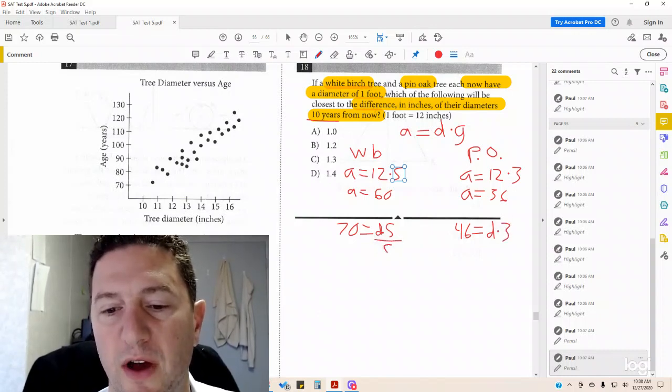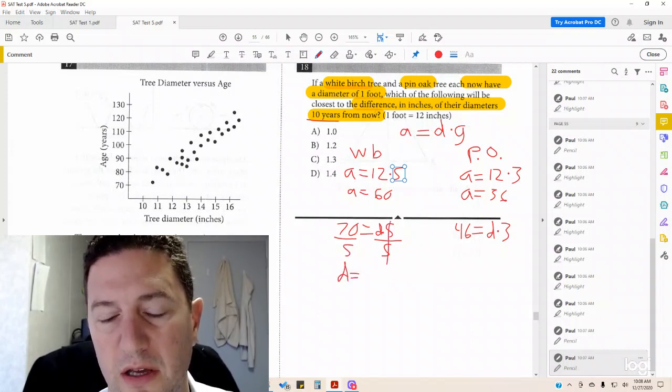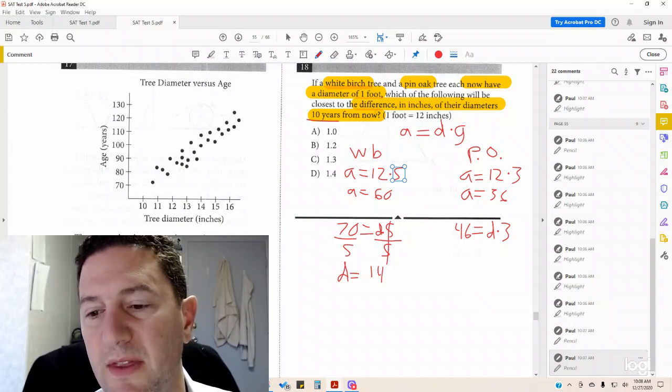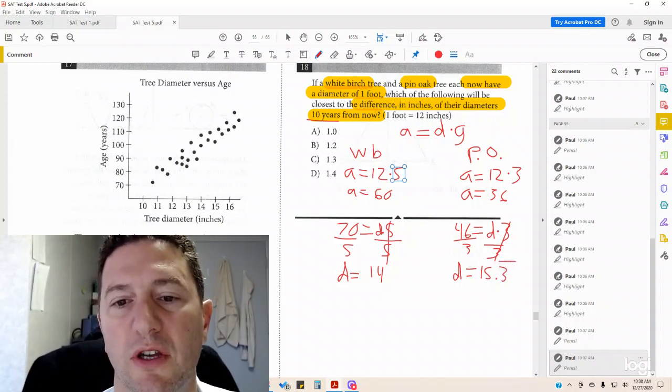So here, if I divide both sides by 5, 5's cancel here, and I get that the new diameter is 14 for my white birch. If I divide both sides by 3 here, we cancel on the right. We get that the new diameter is 15.3 repeated. The question is, what's the difference?